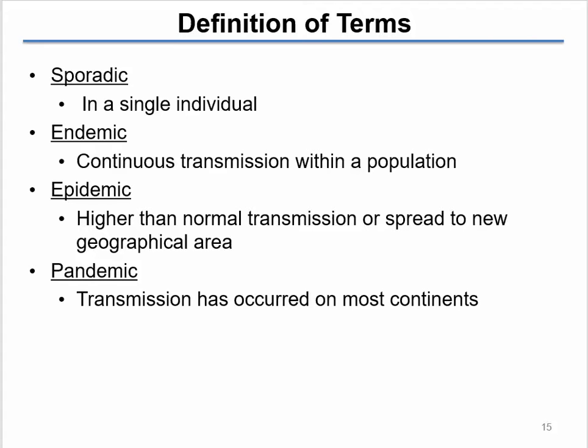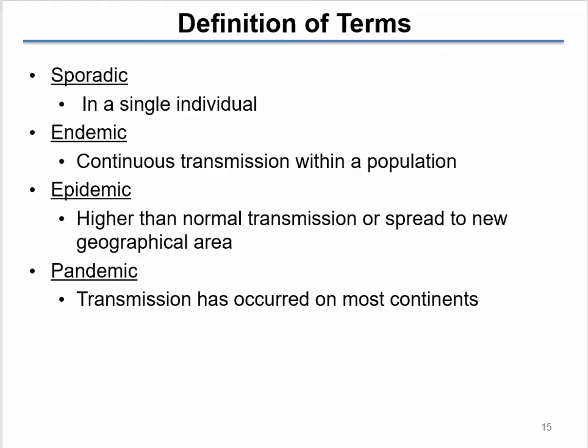So, a couple of definitions to do with infection. Sporadic is when the infection happens in a single individual. So, somebody gets tetanus. That would be a sporadic thing. Endemic means that there is constantly trading back and forth, that it's within the population.